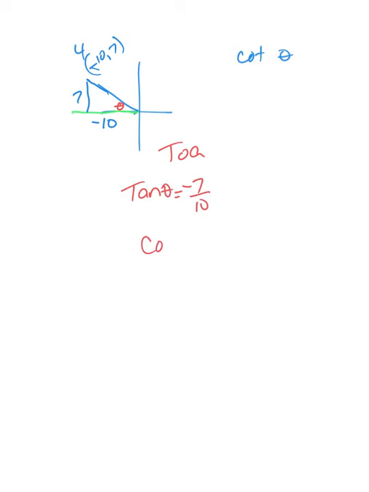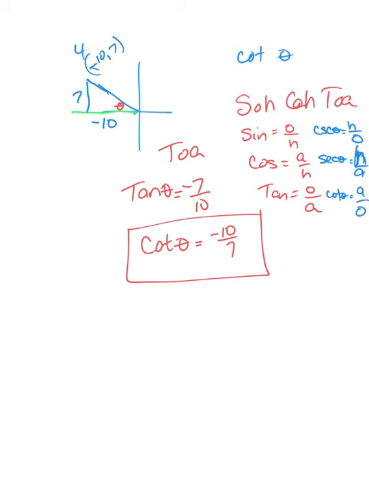What is the cotangent of theta going to be? You flip it. Cotangent is the flip of the tangent. So it's going to be negative 10/7, and that is your final answer. In the second quadrant, all students take calculus, and we want cotangent, so only sine and cosecant are positive, so we know that this guy is going to be negative.